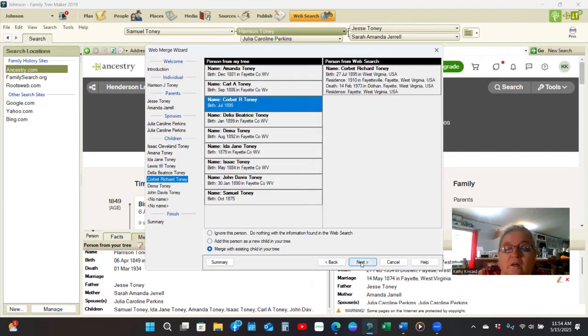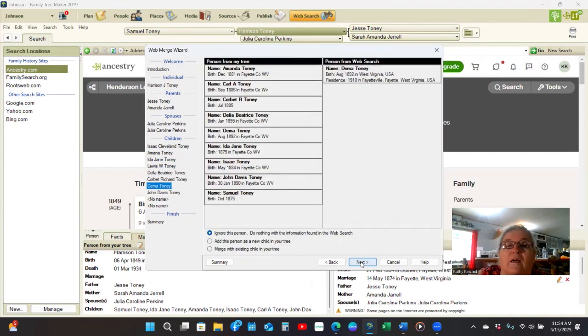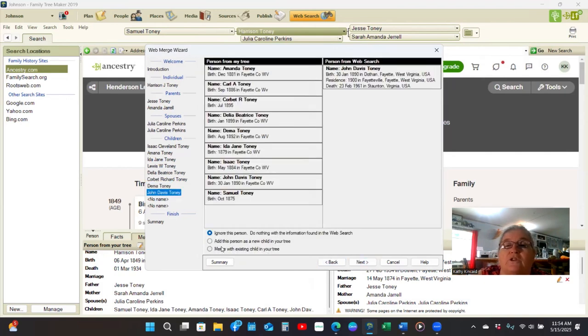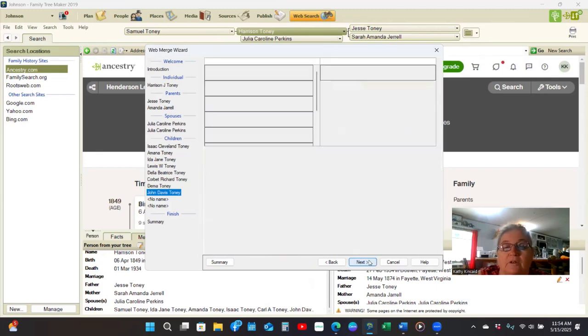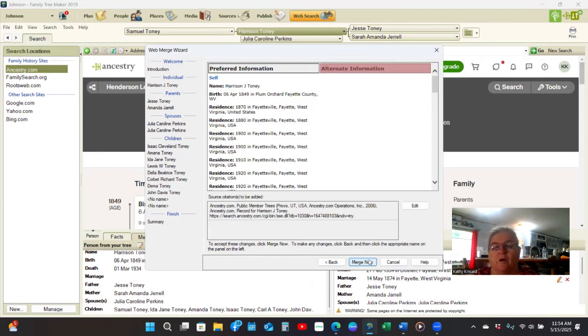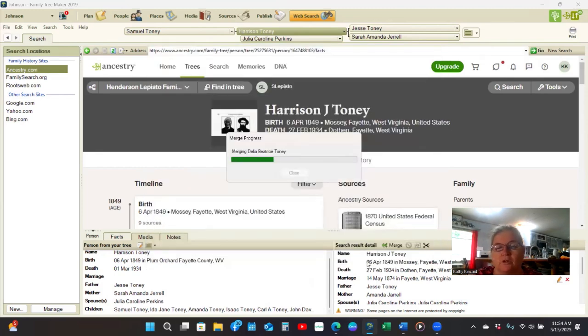Colbert. And this is how it is, guys. This is how you figure out all your stuff. Make sure you're looking at it, and if it isn't information that you need in there, skip over it. Like this no name stuff, you don't need to take up all your space with that. And it's just going to merge it in, and it should.